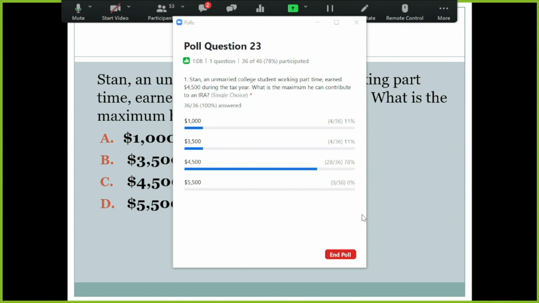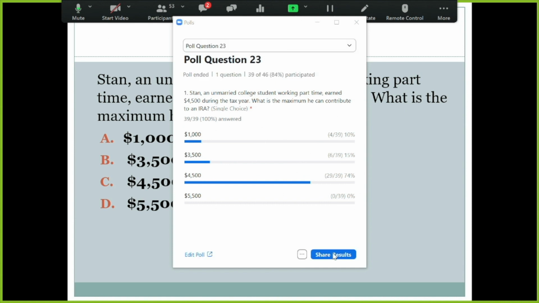Okay, we will end the poll. And let's see, how did we do? I'll launch the results. 74% of you got that correct.